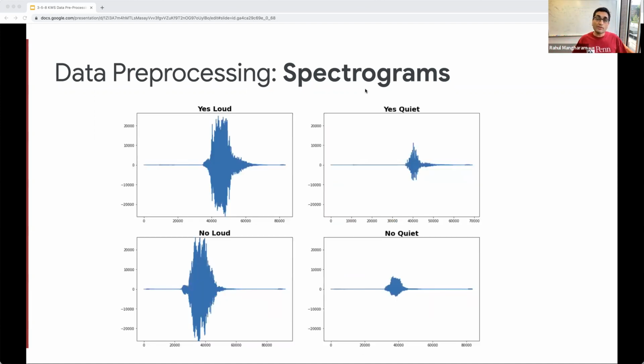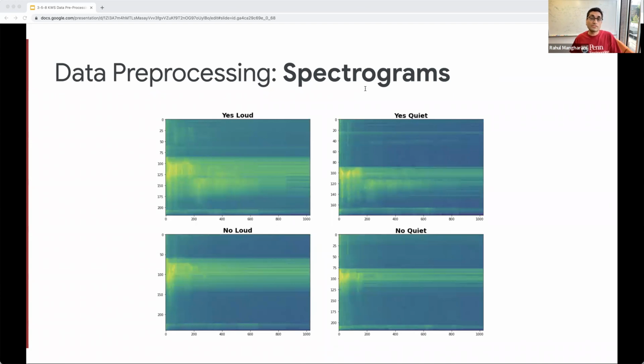Now, if I go back and look at the original features, these audio signals, and I convert them into spectrograms, which is beautiful. What you'll see is that the top looks quite distinct. Specifically, if you look at the top yes ones, they have a distinctive signature that stands out from the ones below for the no's.